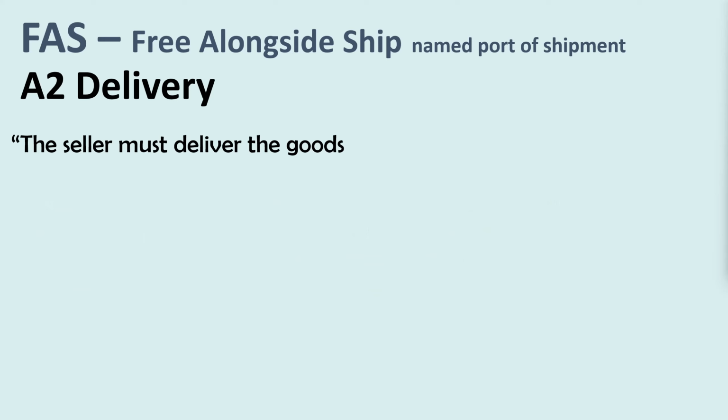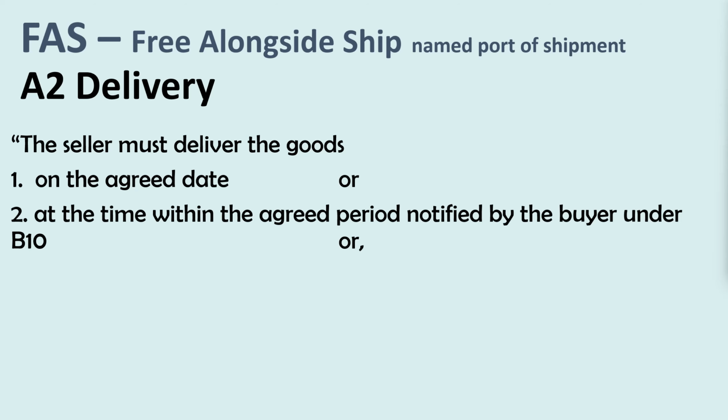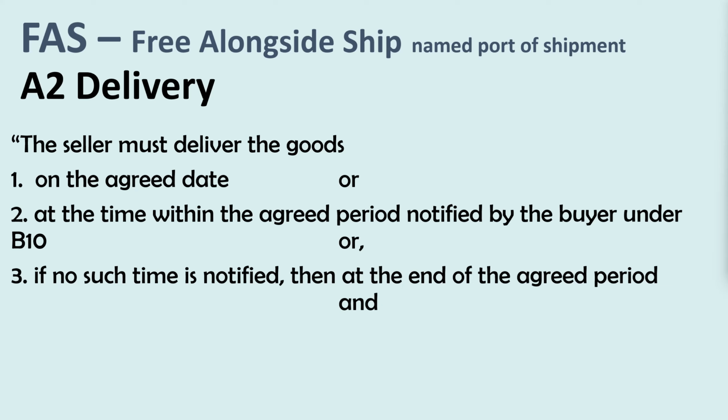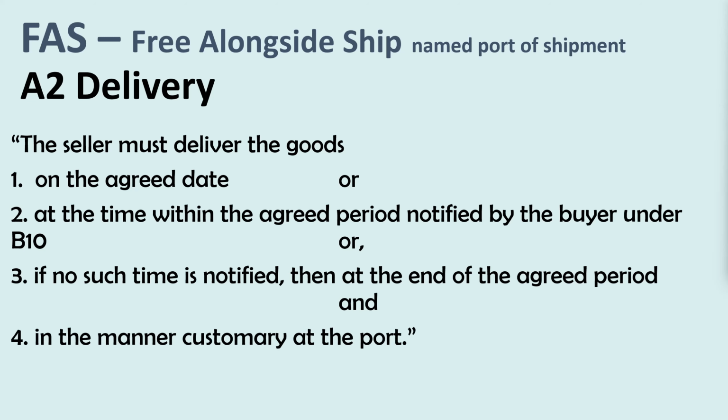The seller must deliver the goods, 1, on the agreed date, or 2, at the time within the agreed period notified by the buyer under B10, or 3, if no such time is notified, then at the end of the agreed period, and 4, in the manner customary at the port.